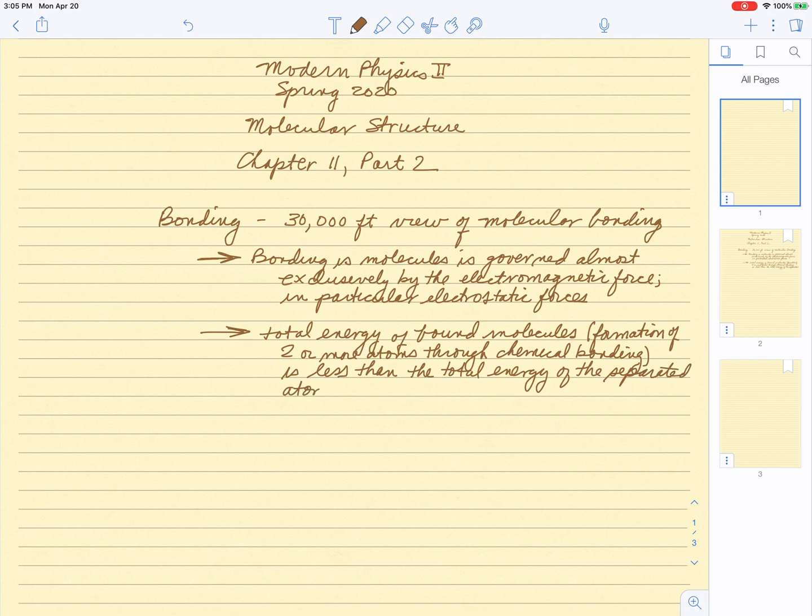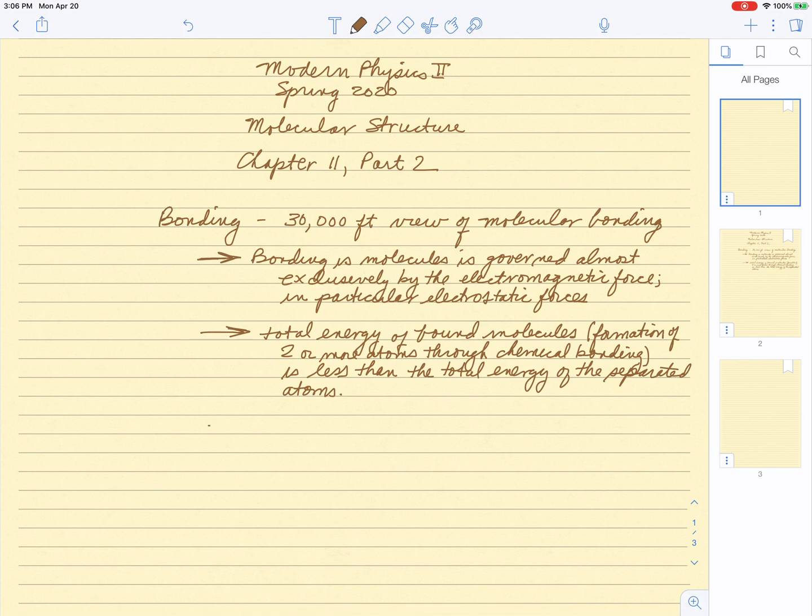That might seem like common sense, and it should be, because clearly if you want to drive the formation of molecules, then clearly the energy of the assemblage should be less than the total energy of the atoms alone.